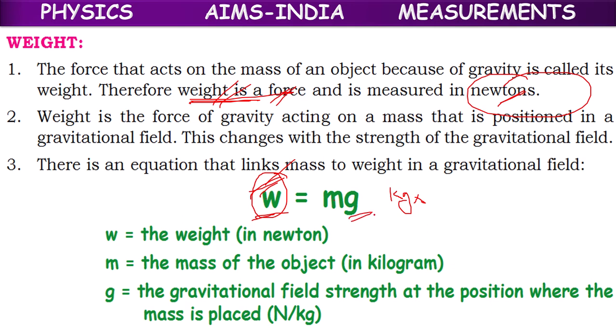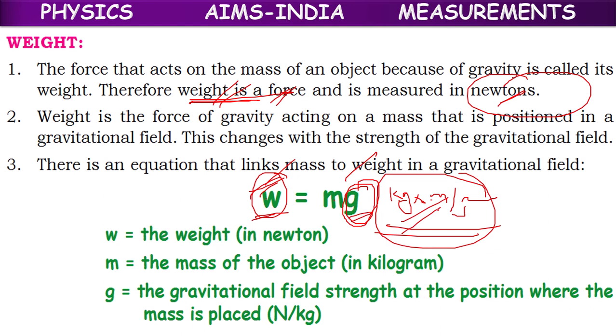Acceleration due to gravity, meaning change of velocity because of earth, is in meter per second square, so the unit is kg meter per second square. For this we have another name on behalf of Newton. Sir Isaac Newton, they named it as Newton. So weight is measured in Newton, mass is measured in kilograms.